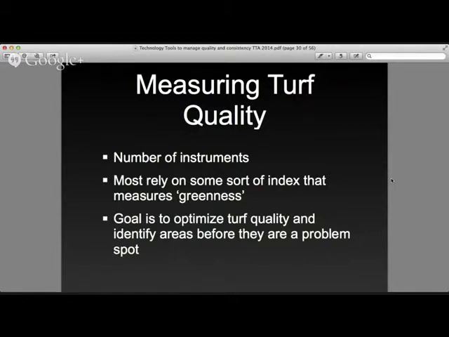So the nice thing about this type of turf quality measure is you can get an idea of how healthy the plants are and key you into areas that might be under some stress and going downhill before you get to this idea that there's some brown there or whatever. So you can optimize turf quality and spot those locations before they're visible to the naked eye.